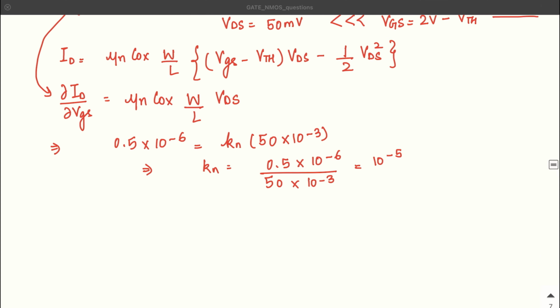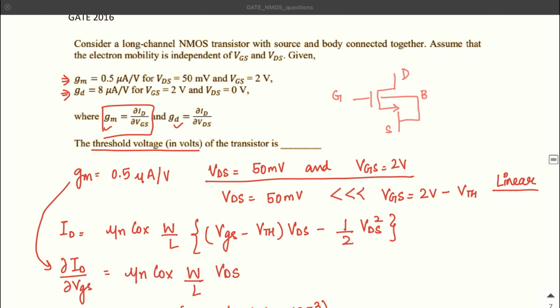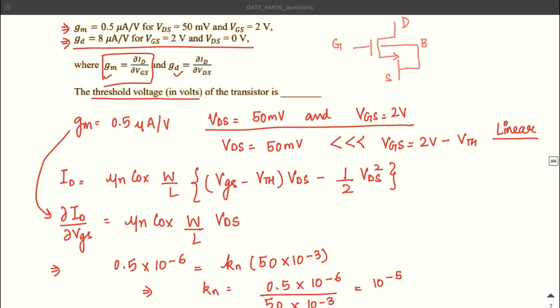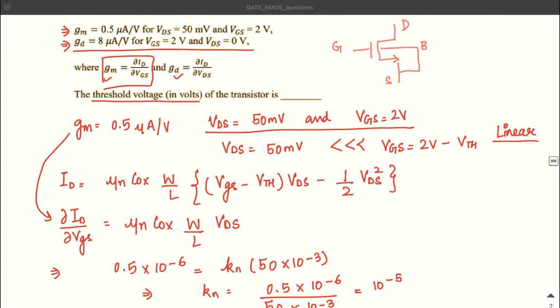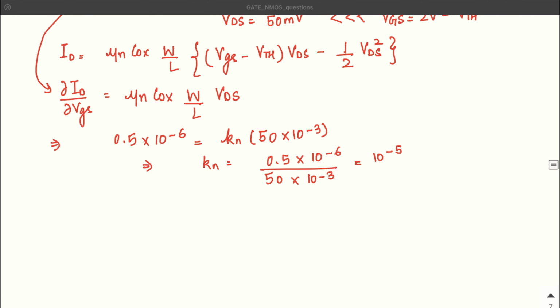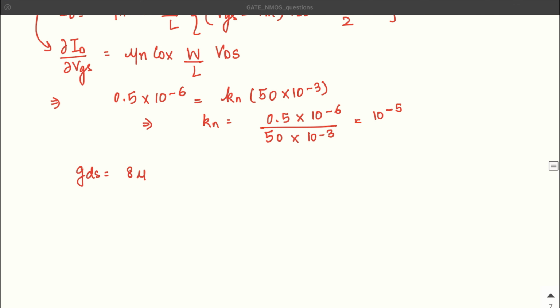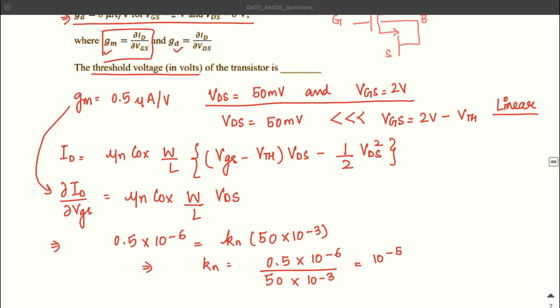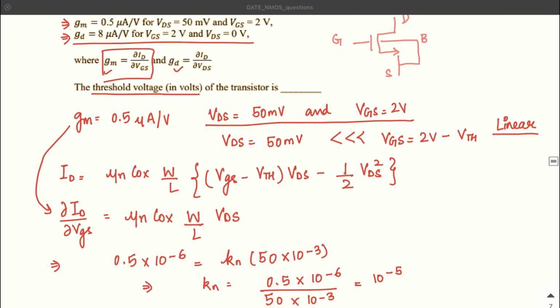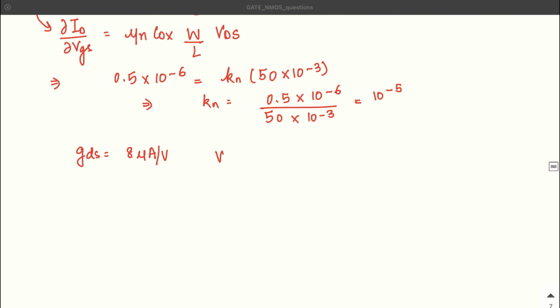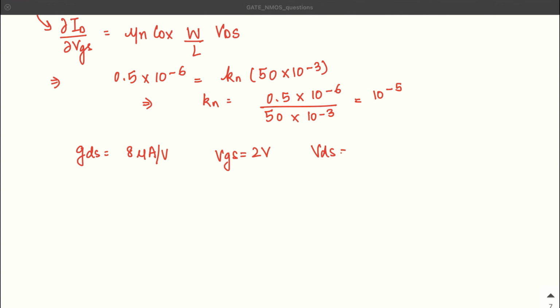Now, knowing this Kn value, let's work out the second condition. For the second case, it's given GDS is 8 microamperes per volt and VGS is again 2 volt but VDS is 0.